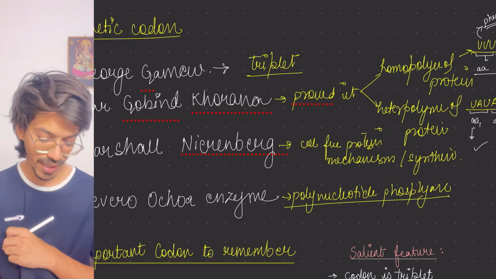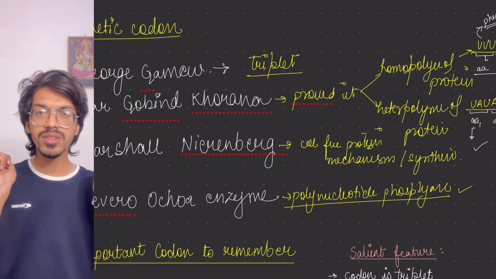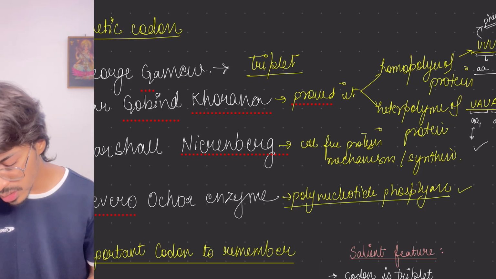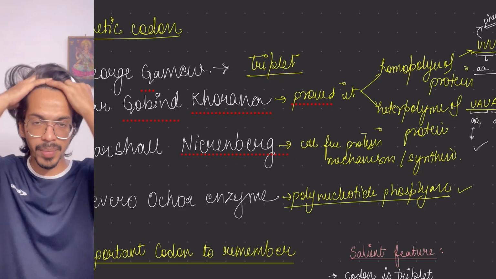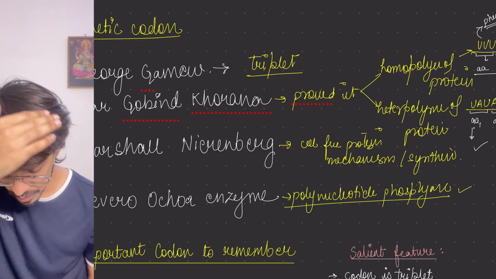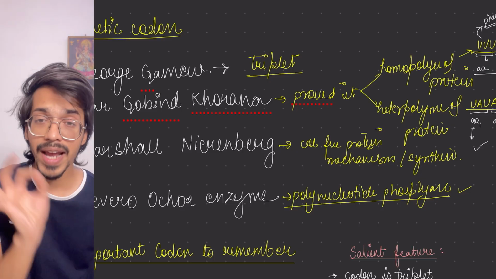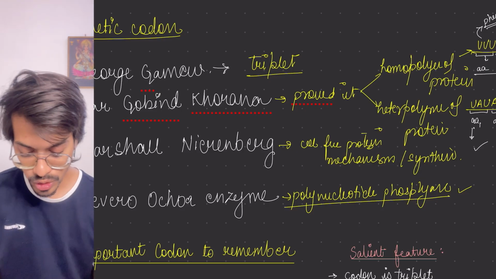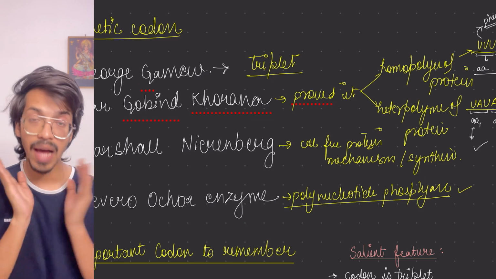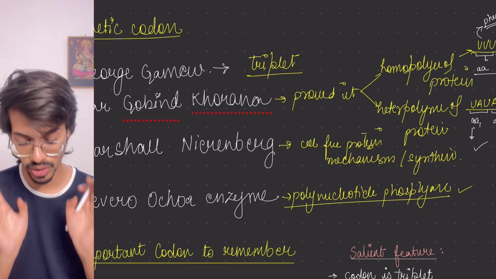This enzyme he gave, which helps this process occur. So they both didn't work directly, but they helped Har Gobind Khorana, that's the Indian person, to finalize and prove this thing by George Gamow. They can be asked to you as match the following or a direct question.